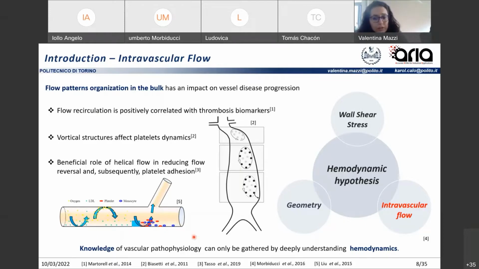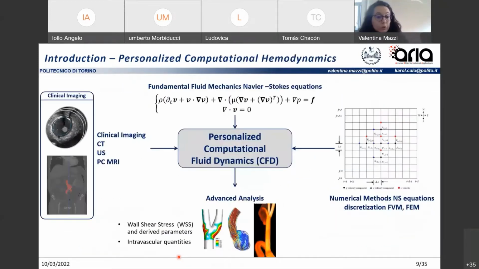So for all these reasons, and given, of course, the strong impact that the aneurysmatic disease, but in general vascular disease, has on our society, it is necessary to gather knowledge of vascular pathophysiology by deeply understanding local hemodynamics. And to do so, personalized computational fluid dynamics currently represents the most powerful tool to model blood flow in silico.